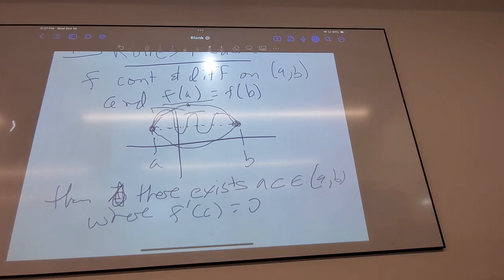So there's got to be at least one point where the slope is 0, where the tangent line is horizontal. Does that make physical sense? The minute I go away, I eventually have to come back, which means in the middle, I've got to have a flat place. The only way I couldn't is if I was allowed to teleport and put a kink in there. But I'm not allowed to do any of that.